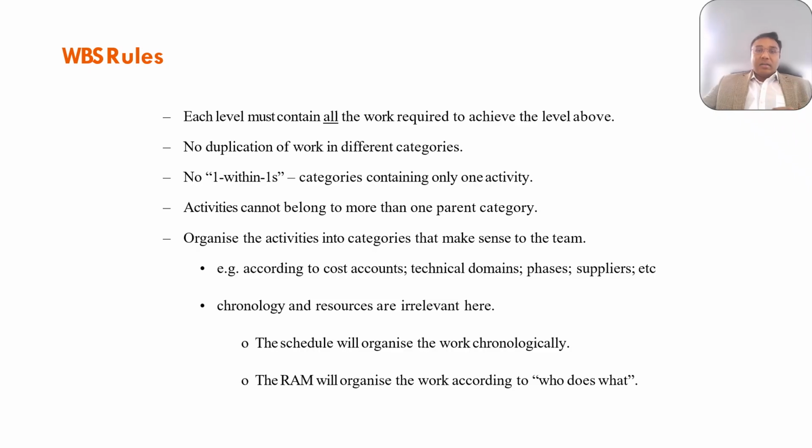Avoid single child categories, which is one within one structure. Each activity must have one parent category, and don't base the structure on chronology or resource. Those are handled later through the scheduling and resource assignment.